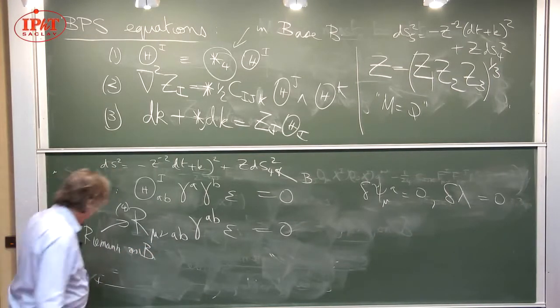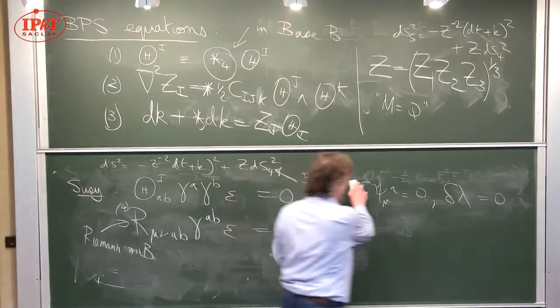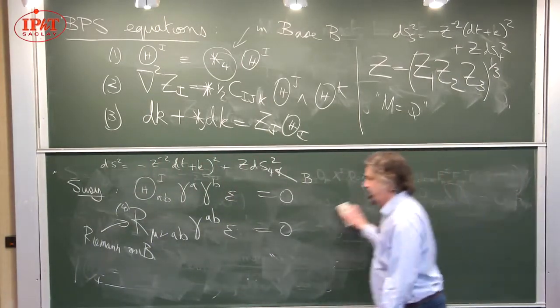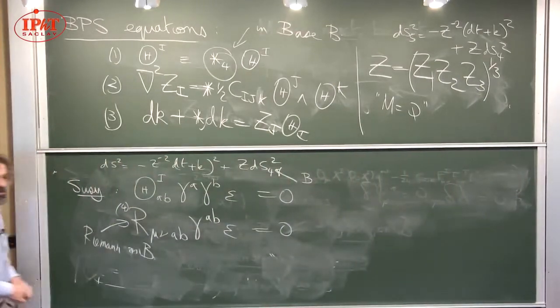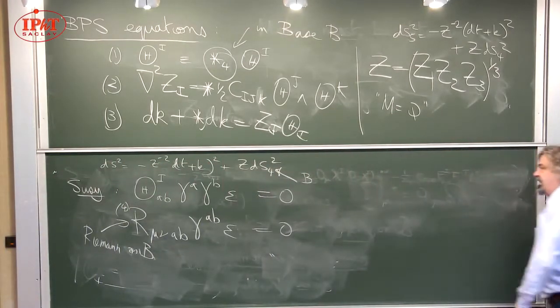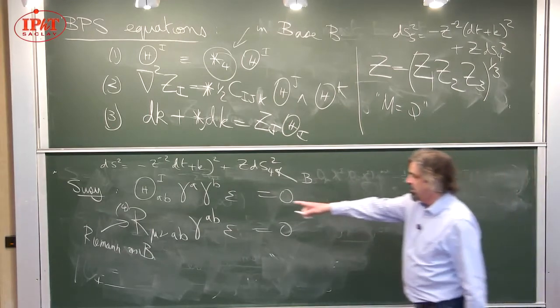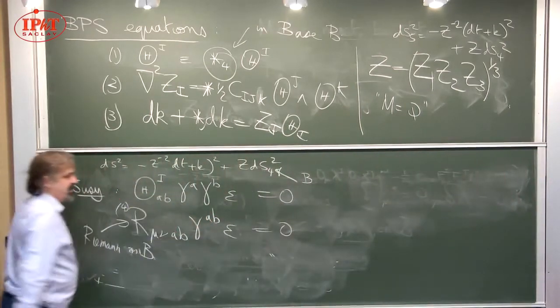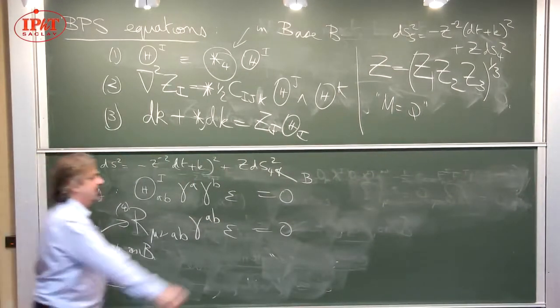That immediately tells you something very useful. How do you satisfy this? Well, it turns out the only way you can satisfy it non-trivially in this context is if the following is true. You want basically a theta and two gamma matrices to kill your epsilon.